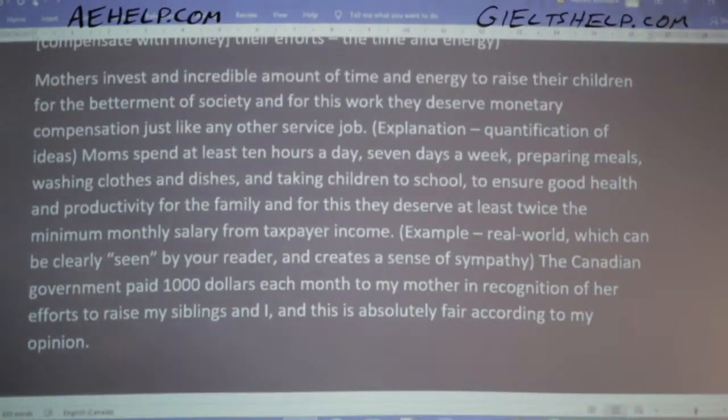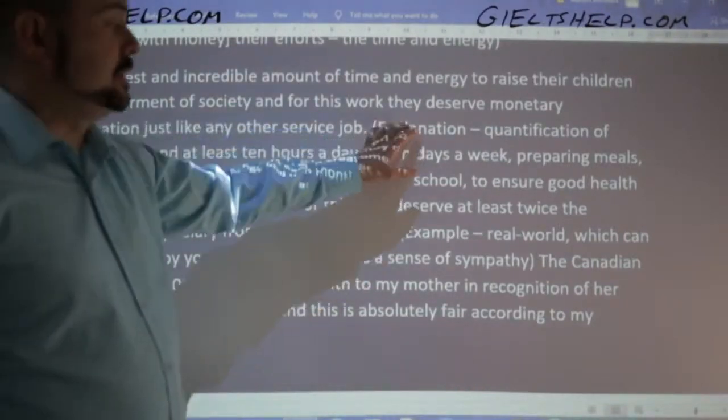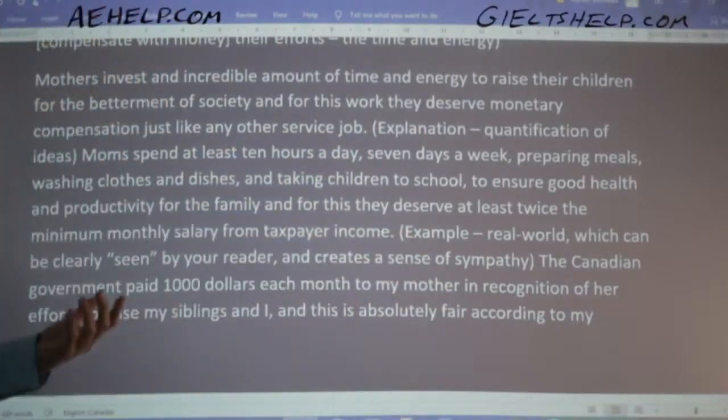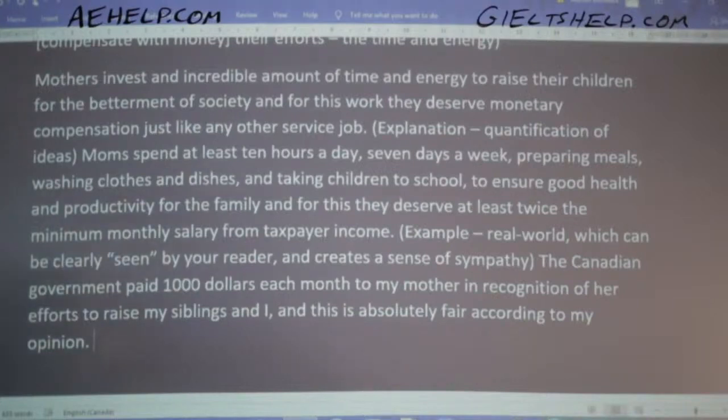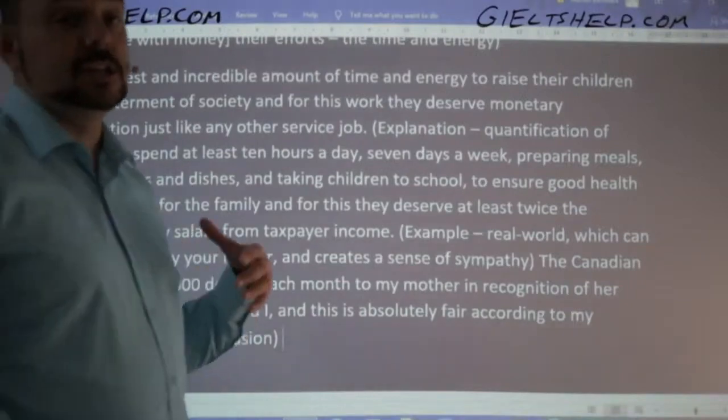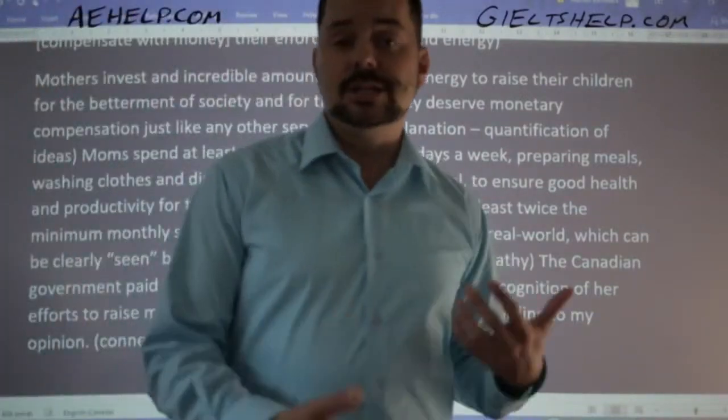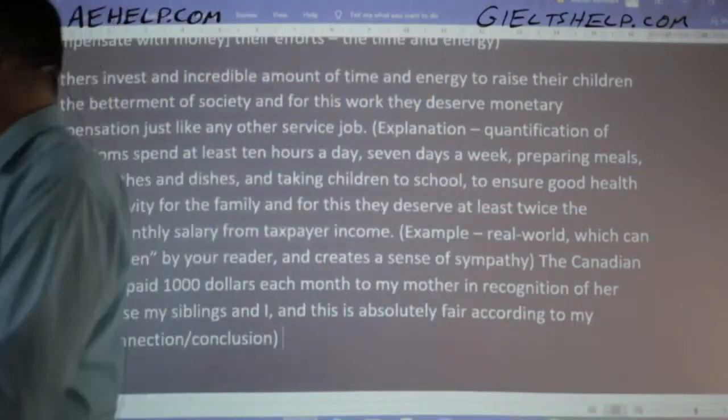Now, this paragraph seems a bit long, but it's actually not long if you take out my explanation and example definitions. And now I will do a connective sentence here, very simple connection. Okay, connection conclusion. You can use this for a lot of these types of essays where the question is, to what degree or to what extent do you agree or disagree?